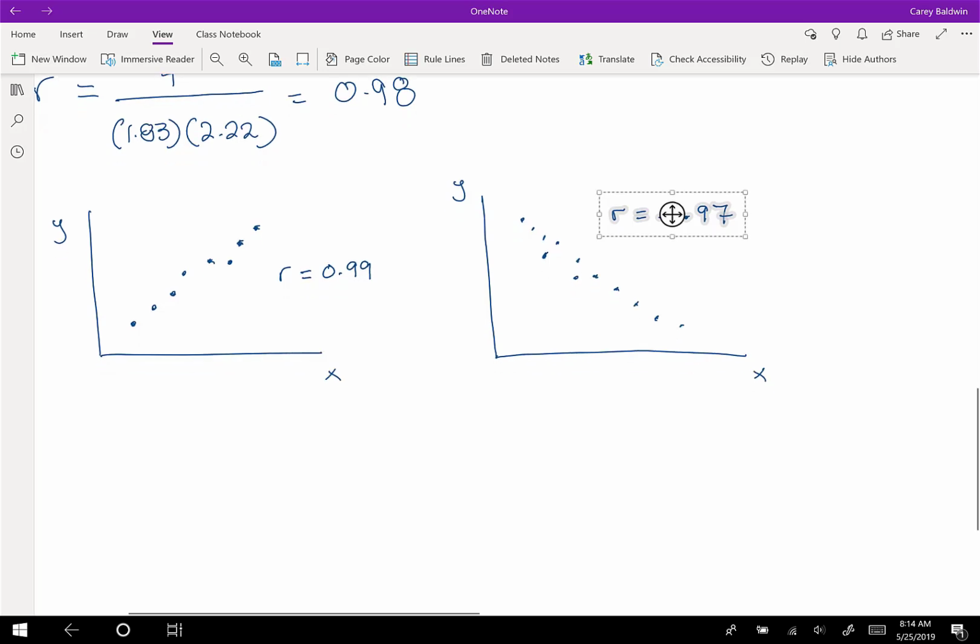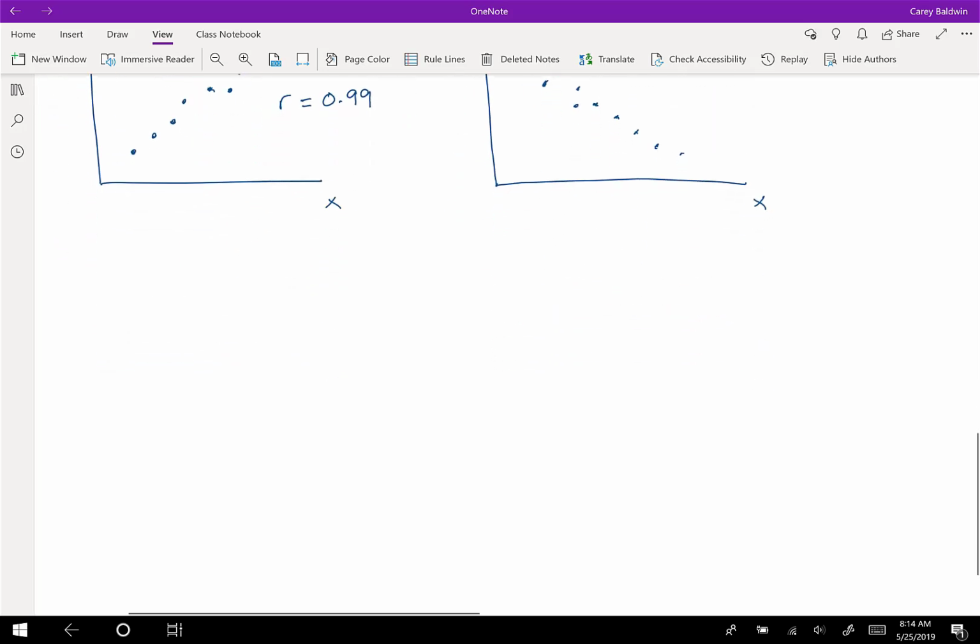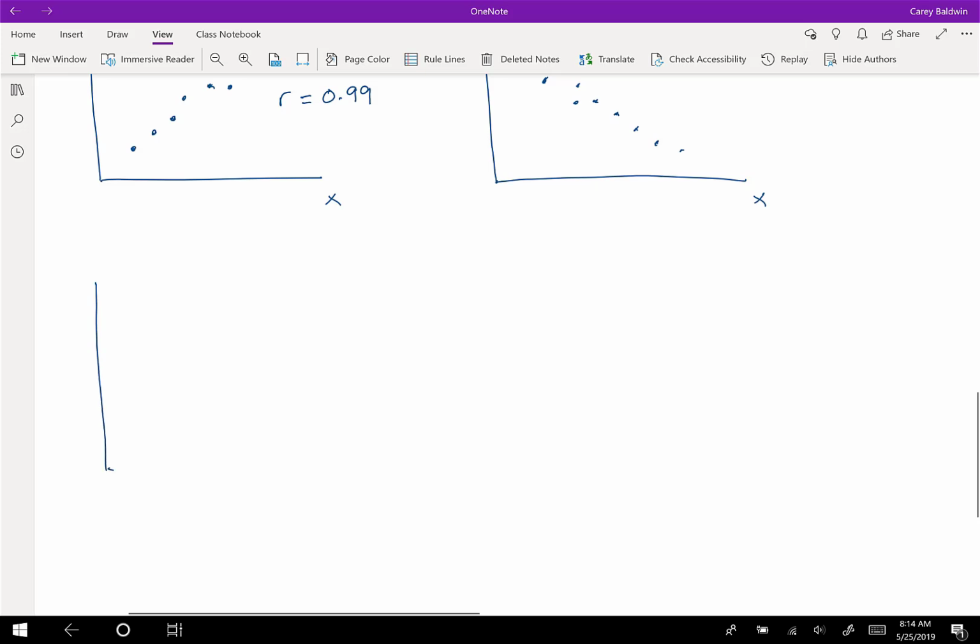Okay, so when would we get values close to 0? Values close to 0 indicate very little association between x and y. In other words, knowing the behavior of x is not very informative in understanding the behavior of y.